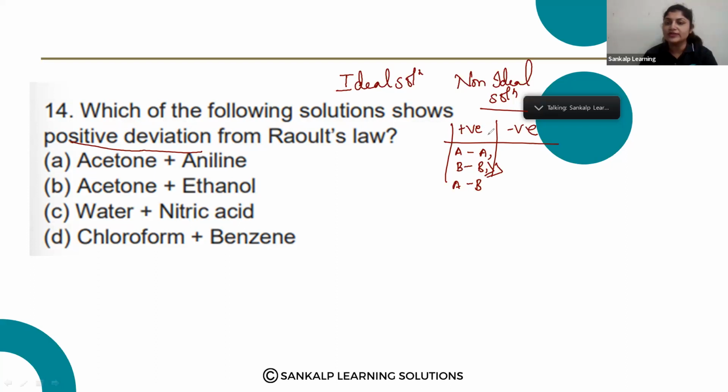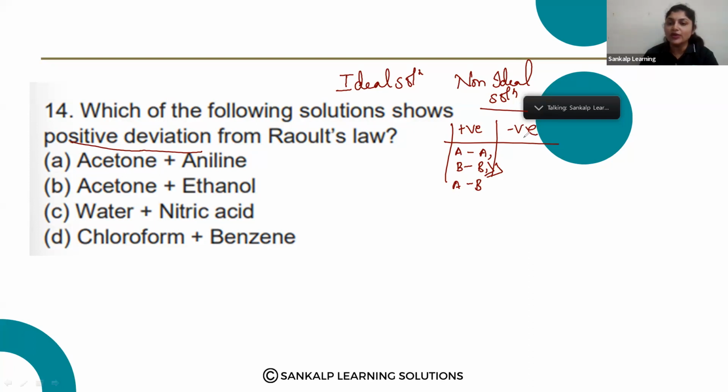So this is about positive deviation. What do you mean by positive deviation? That the solute or solvent interaction is stronger than the solute-solvent interaction, that is AA and BB are greater than AB interactions.